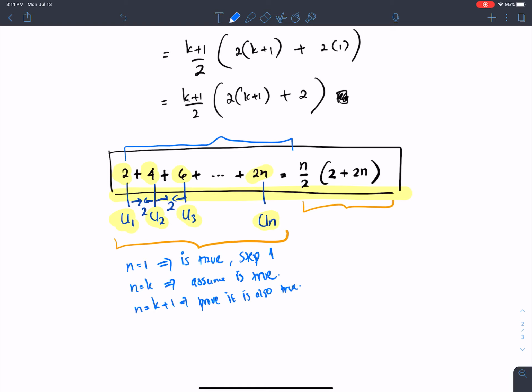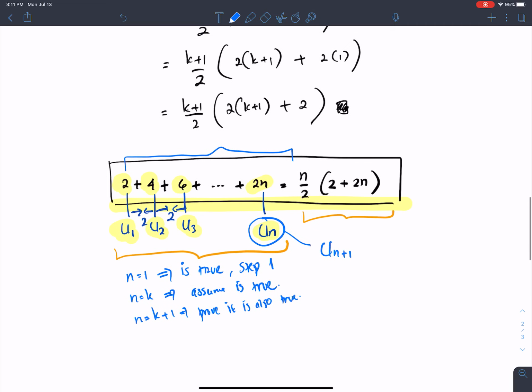Now, look at over here, the 2n, here we end up with 2n. Then we want to show for n plus 1, it must be true as well. So when we set n equal to k, we already assume that it is true for this part over here.